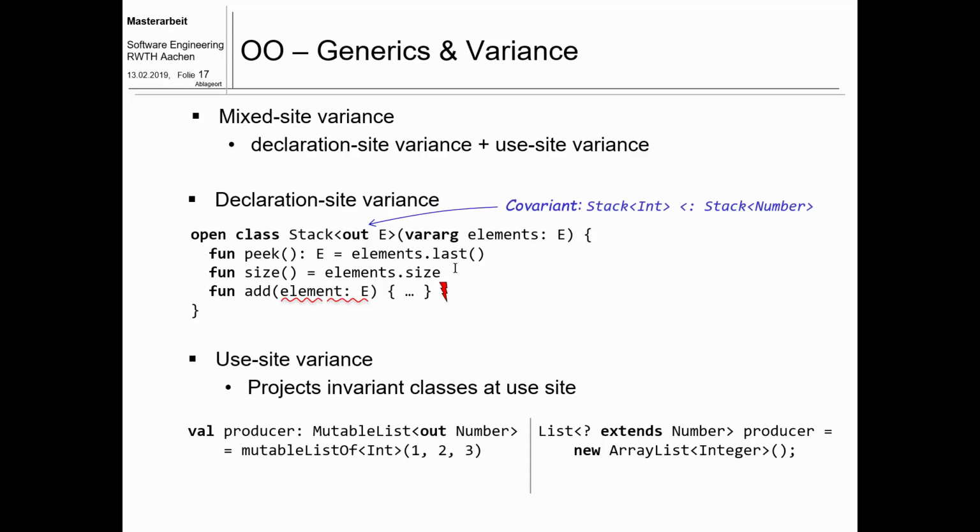So here we have an example of a stack class, and in order to use declaration site variance, we can use two different modifiers. So we can either use out or in. And we can use these modifiers on generic type parameters. So here we declare a stack of out e.